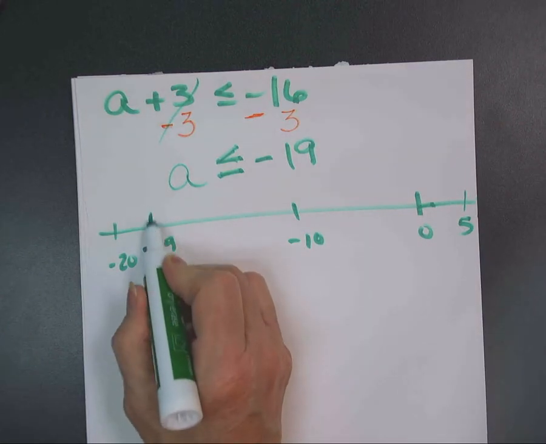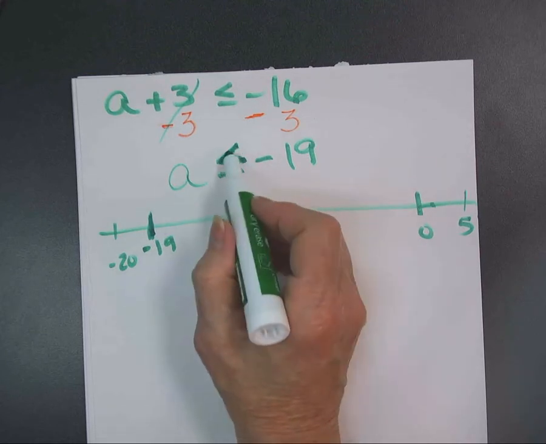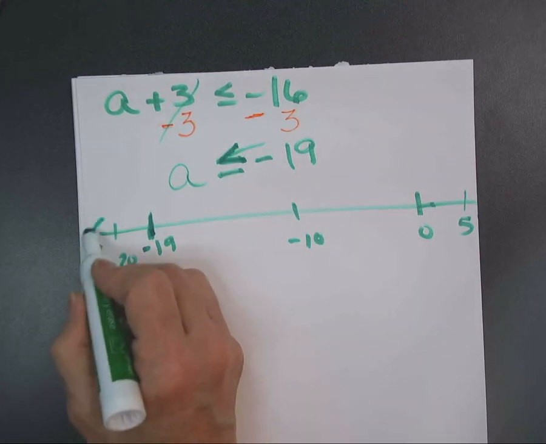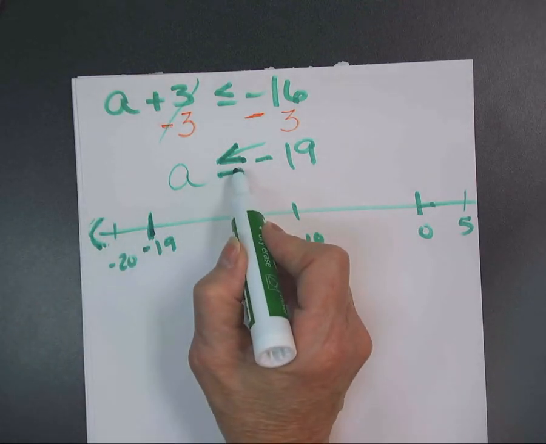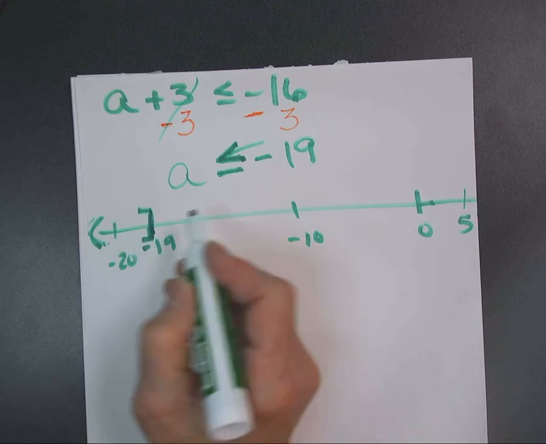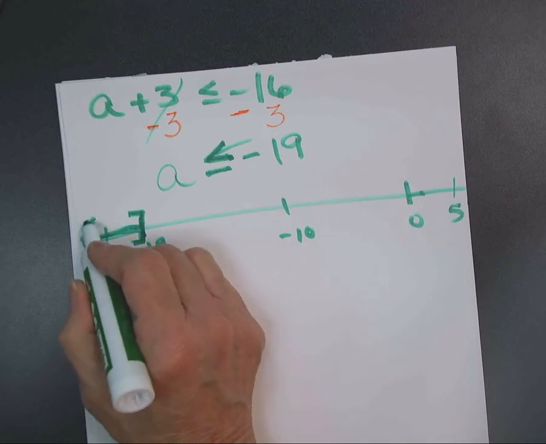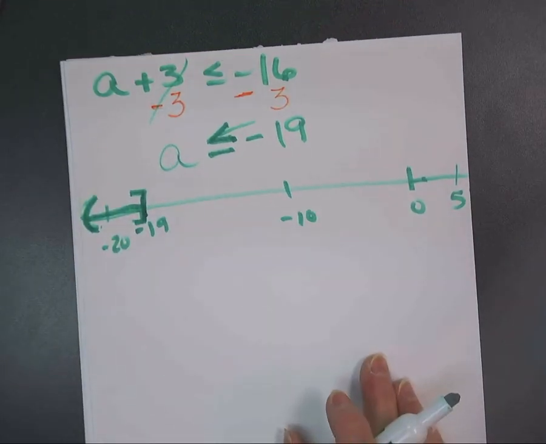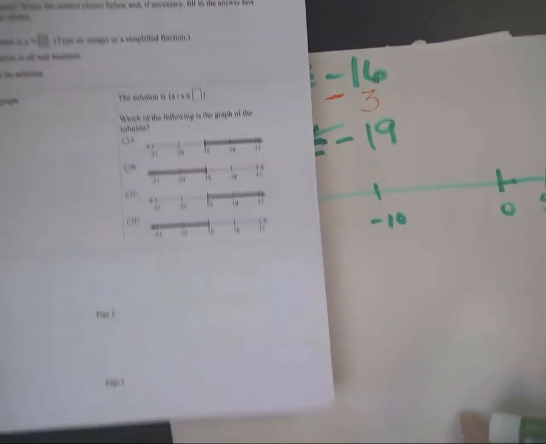So over here, which direction are we going to be going? To the left. Make that into an arrow, this way, all the way to the end. It has a line under it, so it will be a bracket. So we go from here all the way to here. It does not ask for interval notation, so all you have to do is pick the right graph. Which one starts at negative 19?